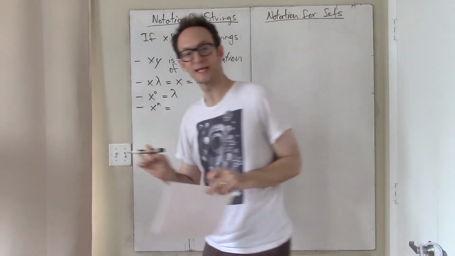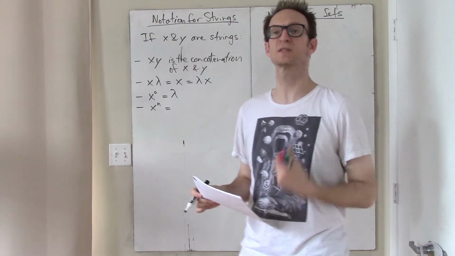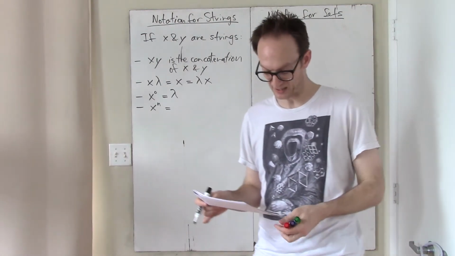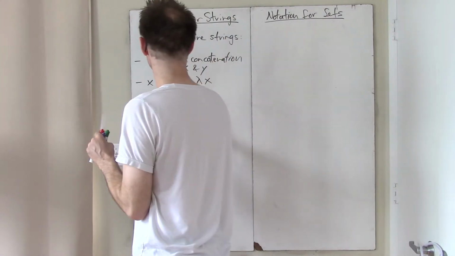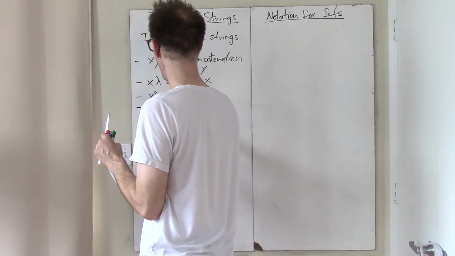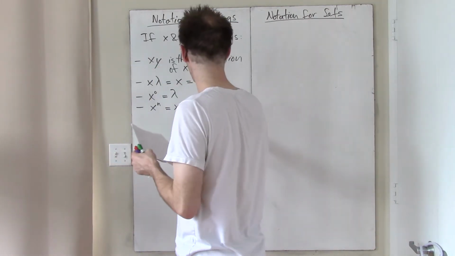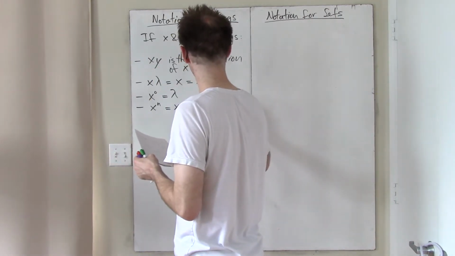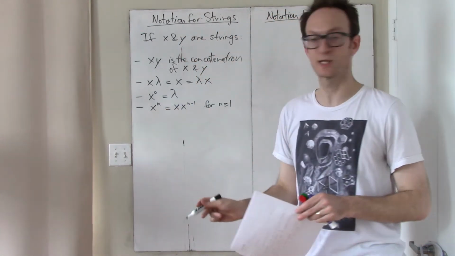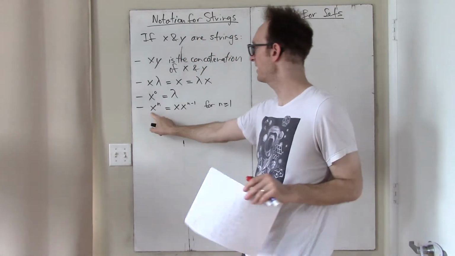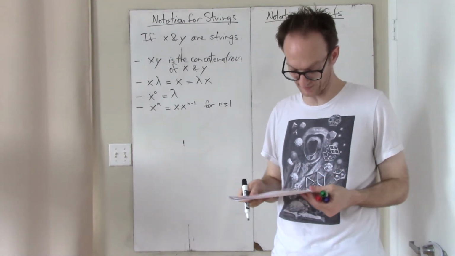Informally, x to the n is just the concatenation of x with itself n times. But let's define it recursively as the concatenation of x and x to the n minus 1, for n greater than or equal to 1. If you're trying to pretend that you don't know what it means to concatenate n times, then that's what it means. This is a fundamentally recursive definition.